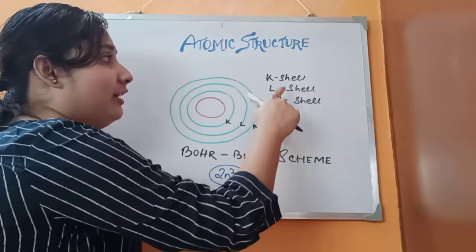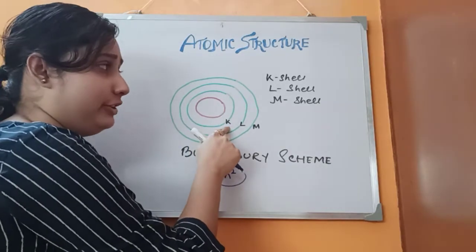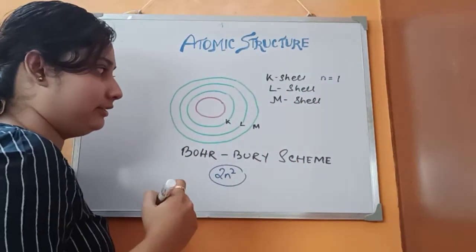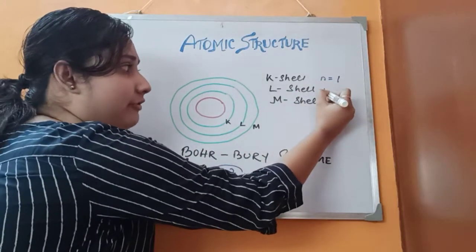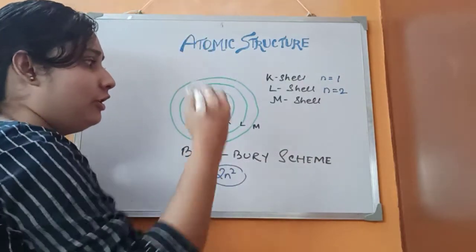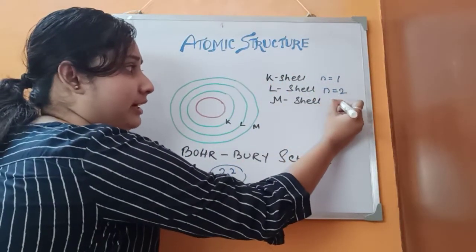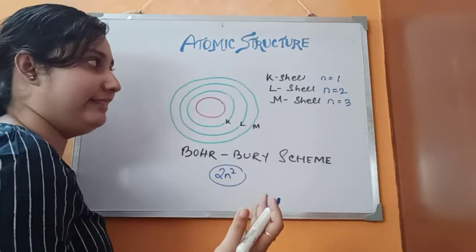For the K shell, which is the first shell closest to the nucleus, the value of n becomes 1. For the L shell, the value of n becomes 2. For the M shell, n becomes 3. For the N shell, it will become 4, like that.